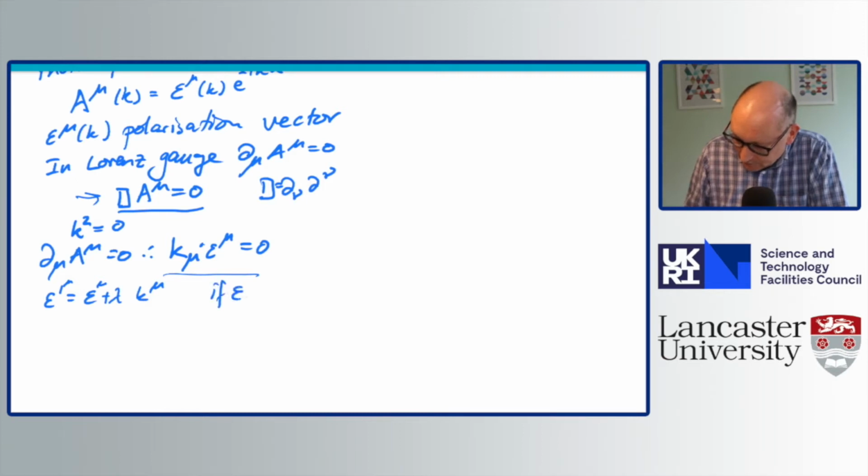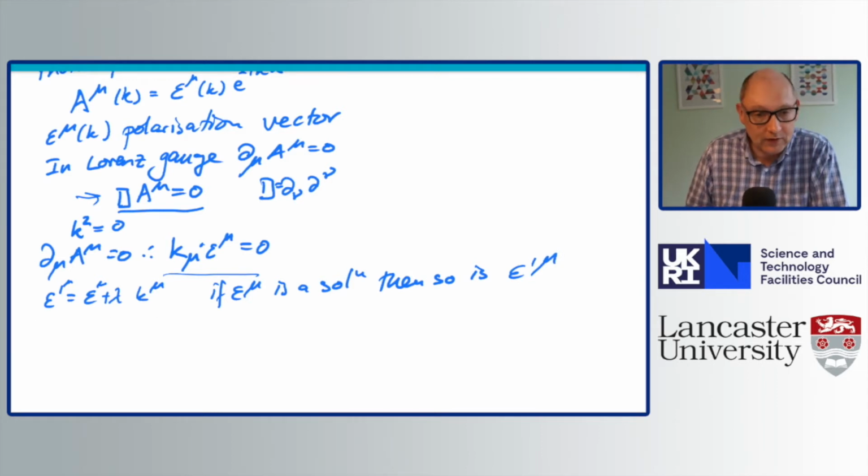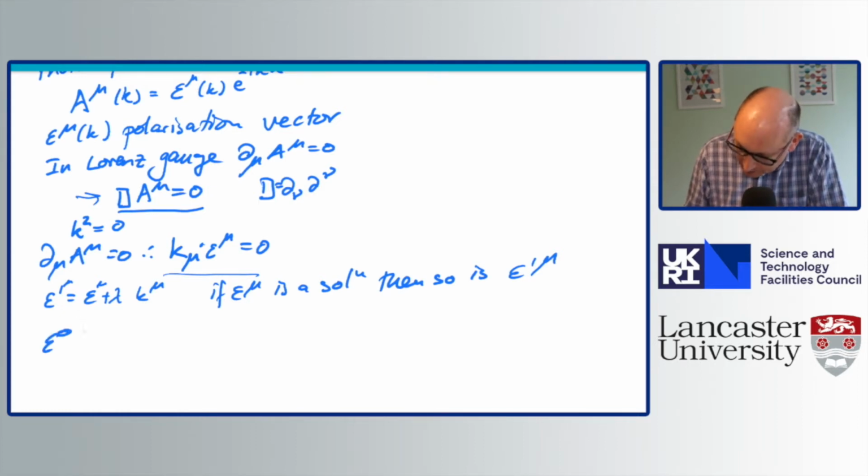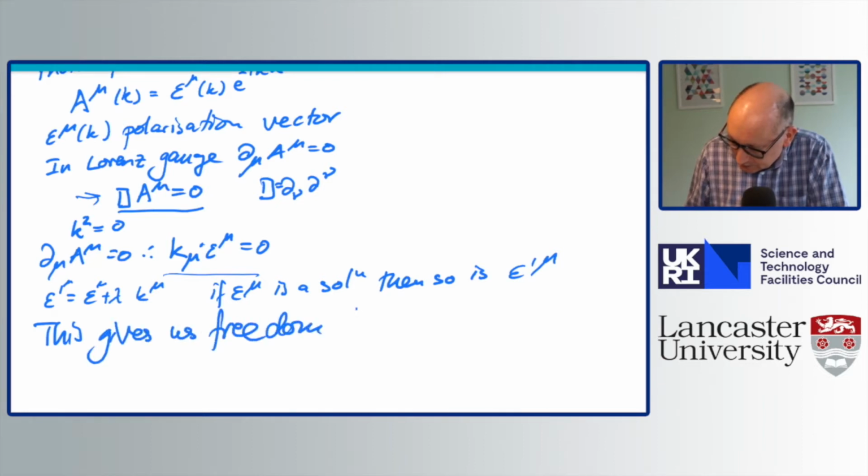So if epsilon_mu is a solution, then so is epsilon prime mu of this form for all values of lambda, because k squared is equal to 0. Now that therefore gives us the freedom to choose epsilon 0, the 0th component, equal to 0. So this gives us freedom to require epsilon 0 is equal to 0, right?